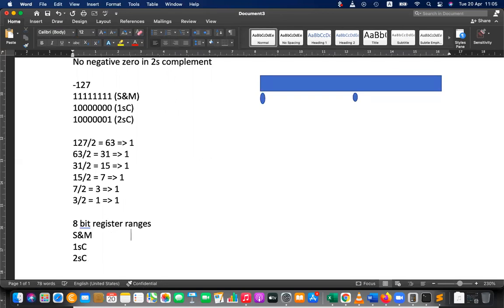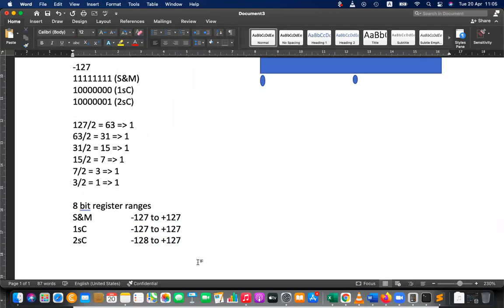For sign and magnitude, it is minus 127 to plus 127. 1's complement, same. 2's complement, there's a difference: it's minus 128 to 127, because of the removal of that negative 0. Understood? Yes. Right. So this you have to remember.